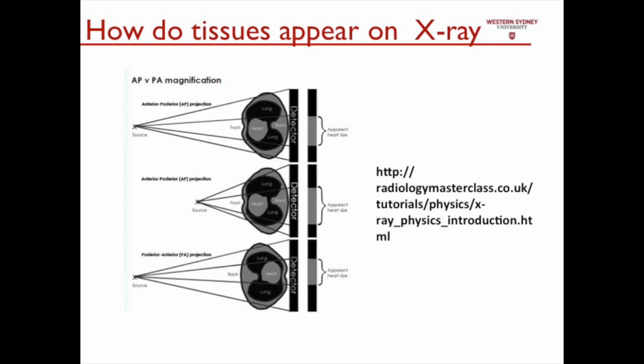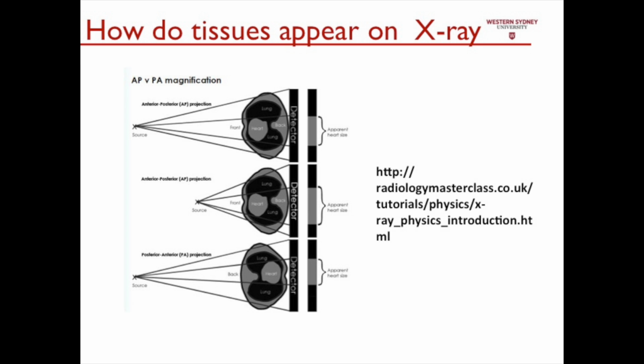When we're considering X-rays, we also need to appreciate that how the tissues will appear on X-ray will in some way be dependent on the distance of the structure relative to the source. As you can see in this image, the distance from the source and the nature of the projection, so the direction of the beam, whether it be from the front or the back, can influence the apparent size of internal structures.